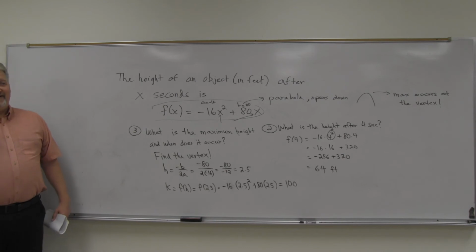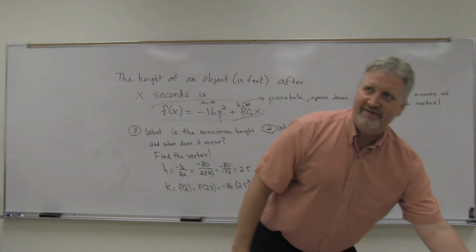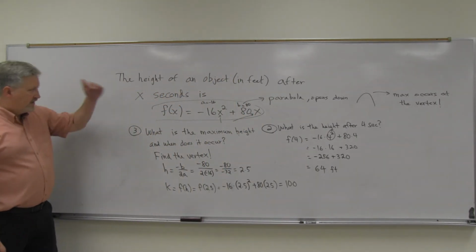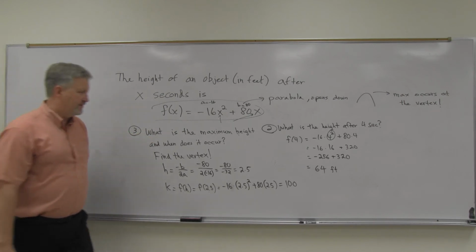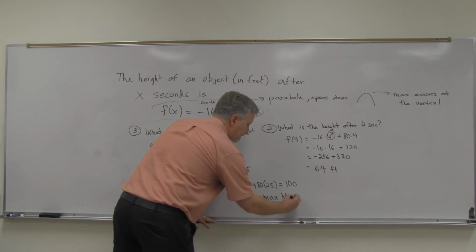Now, they want us to be specific about this. The h is 2.5, the k is 100. It asks for the maximum height. Which one of those is the maximum height? 100, right? So the maximum height is the 100, the k. 100 feet.